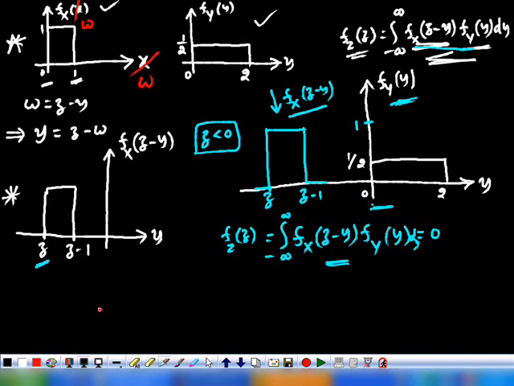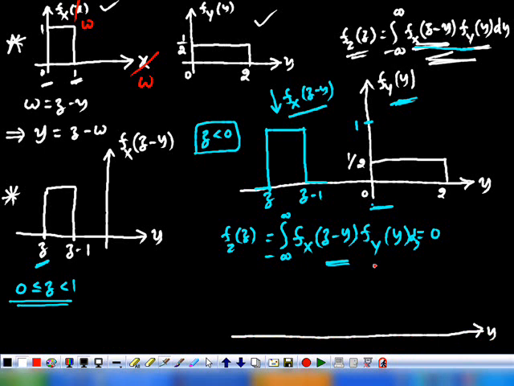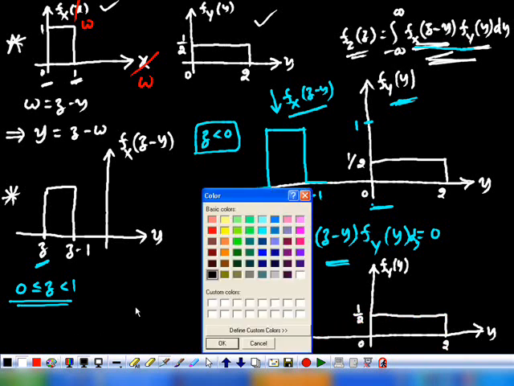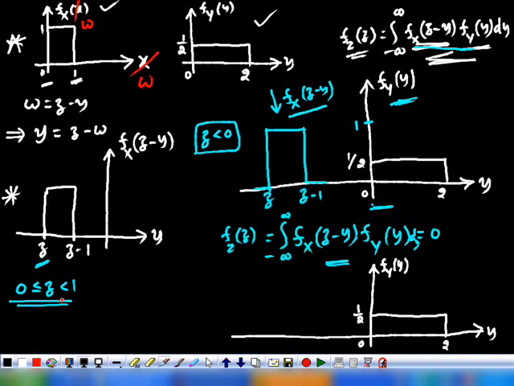Now if you take the interval 0 to 1, I am assuming z is lying in between 0 to 1. Then again plot it. This is fy of y. Fy of y is kept as it is, 1 by 2. What about fx of z minus y? Now z is in between 0 and 1.